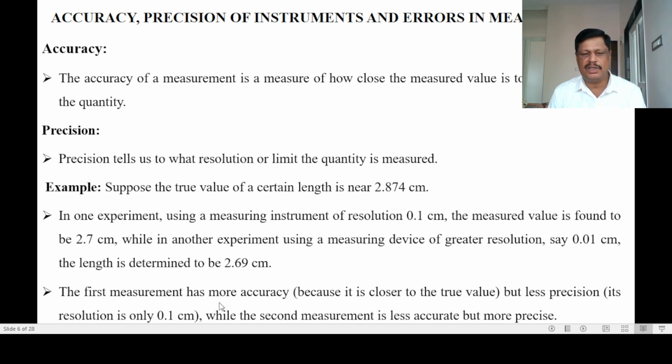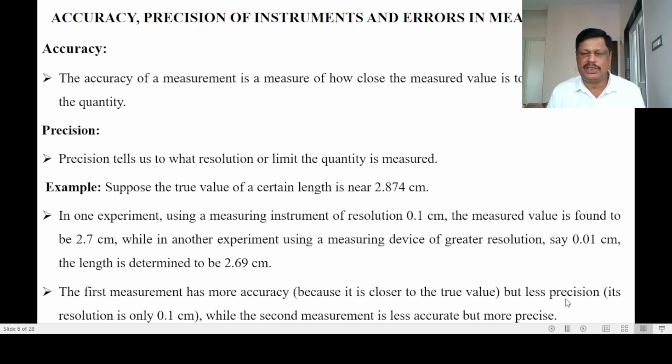The first measurement has more accuracy because it is closer to the true value, because 2.7 centimeter is very close to 2.874 centimeter.